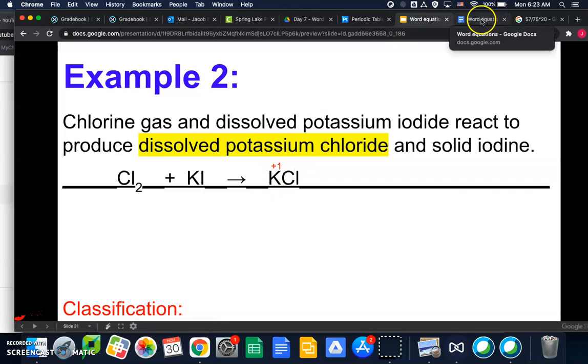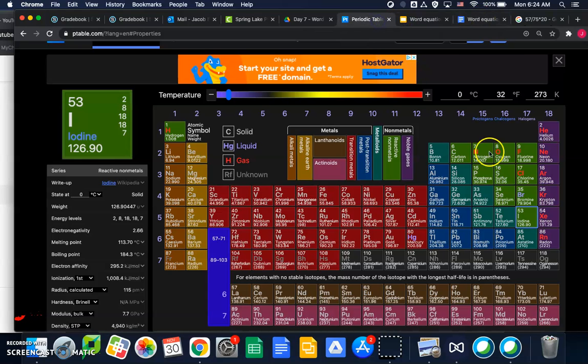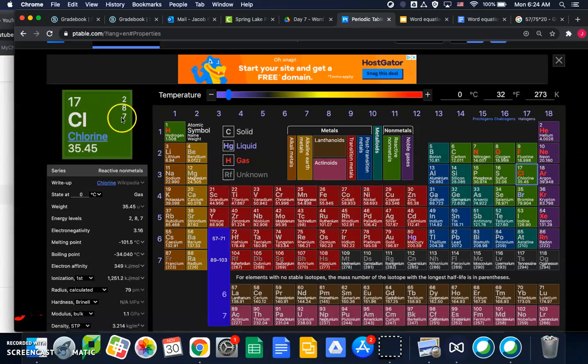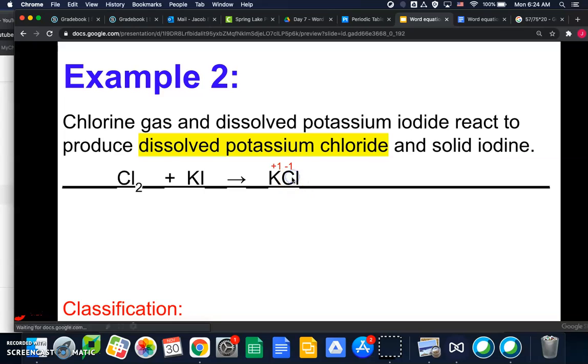Chlorine, we can see that that one's just a little bit higher up than iodine in the same group. It also has 7 valence electrons, just like iodine. So that means it's going to gain 1 to form a -1 charge. We can see that +1 and -1 will cancel out to give us 0. So this one's already balanced. We don't need to add any subscripts.